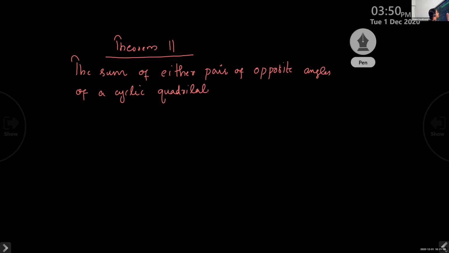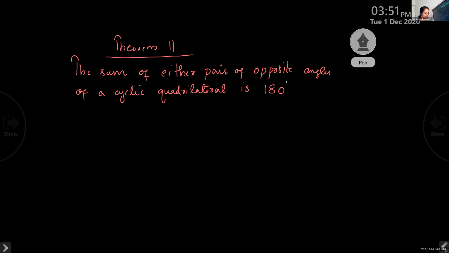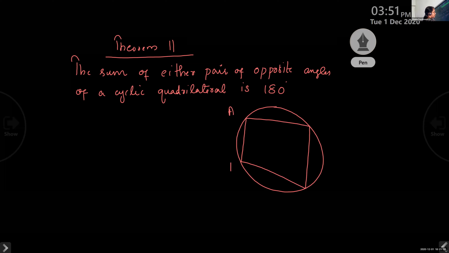The sum of either pair of opposite angles of a cyclic quadrilateral is 180 degrees. Okay, children, this theorem tells us that, stop writing, let me explain it, after that you can write.